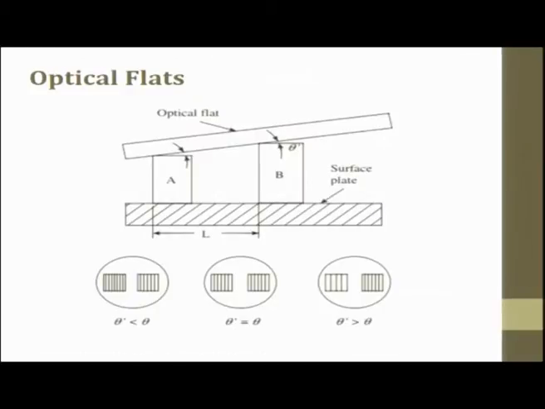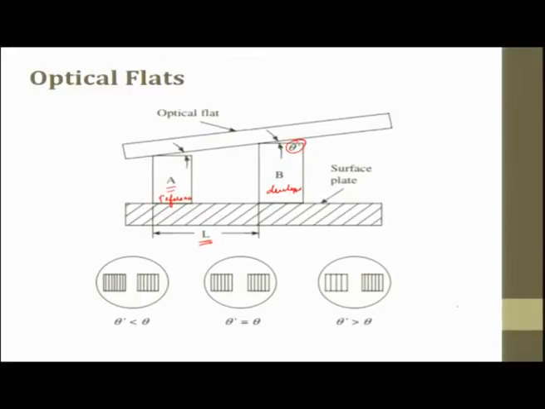So, these are the two slip gauges. You can see A can be a reference, and this can be maybe what you have developed. Both have to be kept on a flat surface. This is the distance called L, and the flat is placed at a small angle theta. Okay.